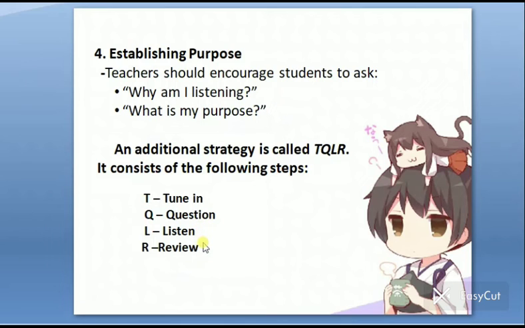And the last one is R for review. The listener should go over what has been said, summarize, and evaluate constantly. What is important here is to conceptualize the main ideas and separate them from the subordinate ones.